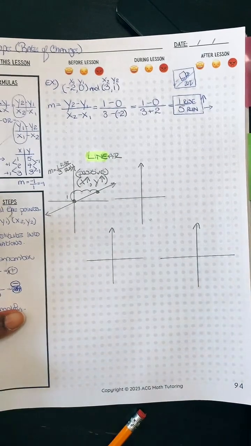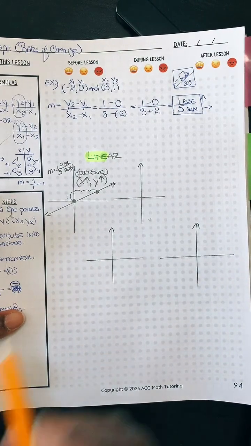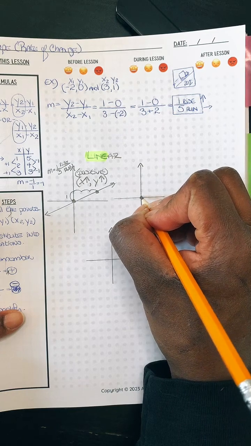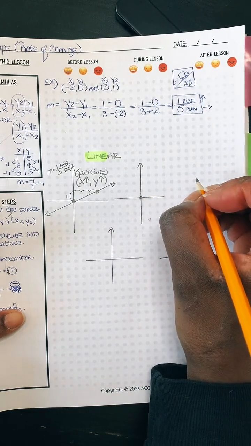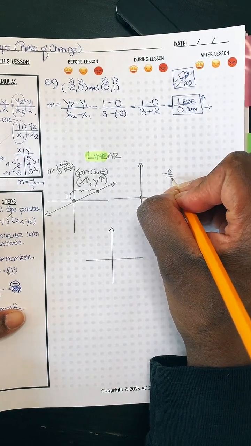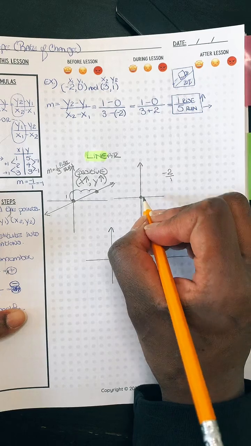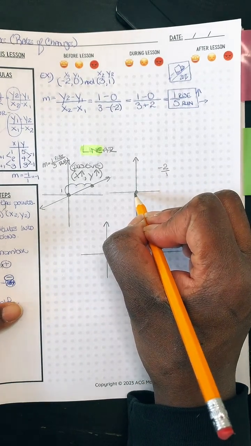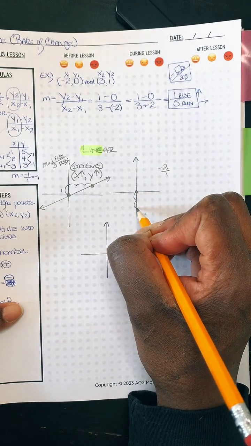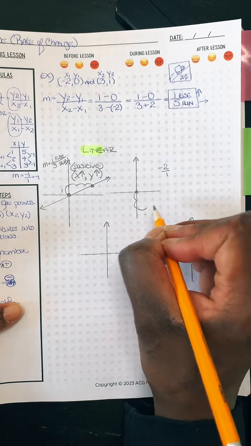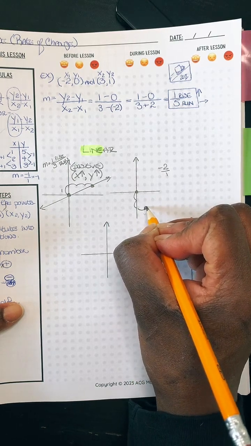So that's the positive. If I had a slope, let's say I'm starting here at 0, 0 again, and I wanted to go down 2, so -2/1. That means from my point, I'm going to go down 2, 1, 2, and then I'm going to go over 1 and plot my point.